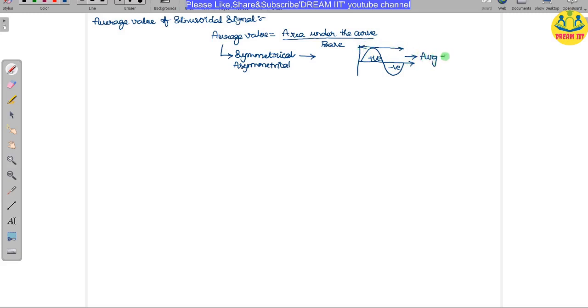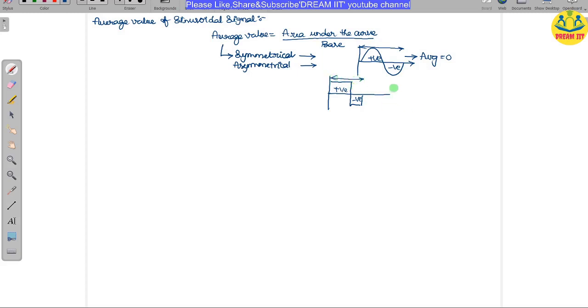That type of wave we call a symmetrical wave. But for asymmetrical waves, for example a square signal, they do not have the same positive and negative half cycles. The areas under the positive and negative half cycles are not the same. So if you calculate the average value for a complete cycle, it won't be 0.